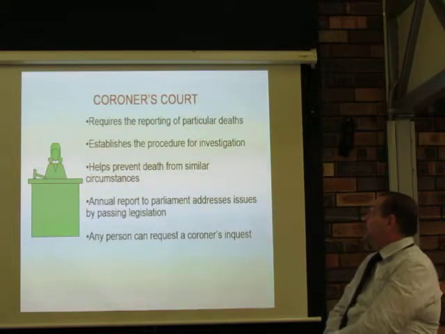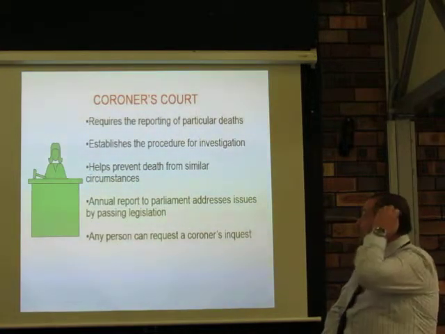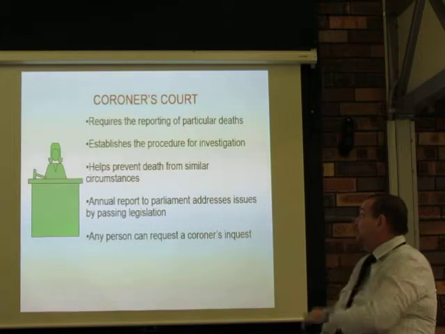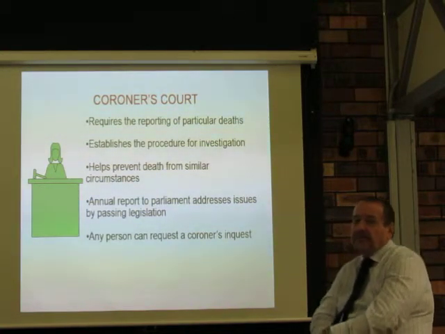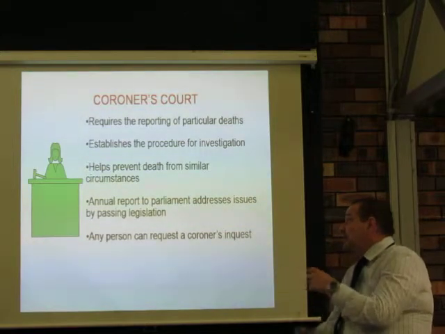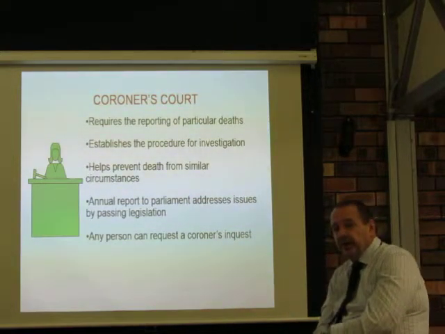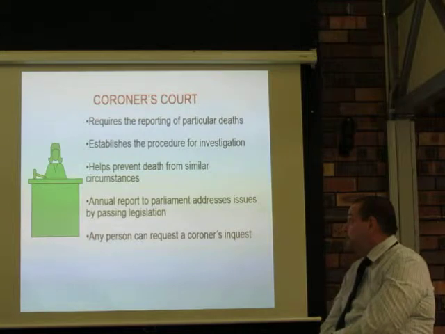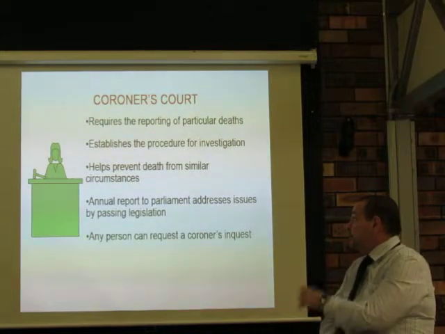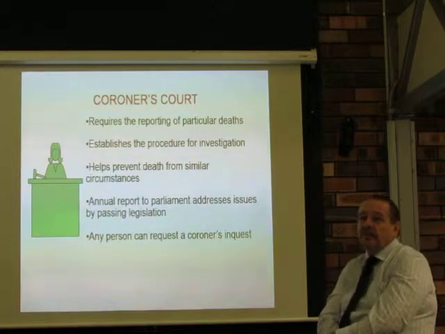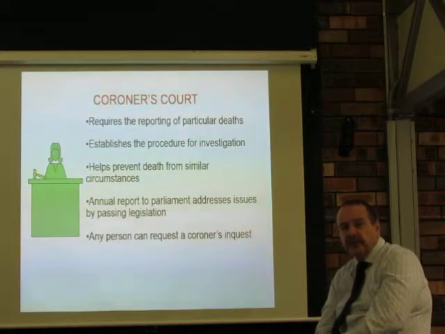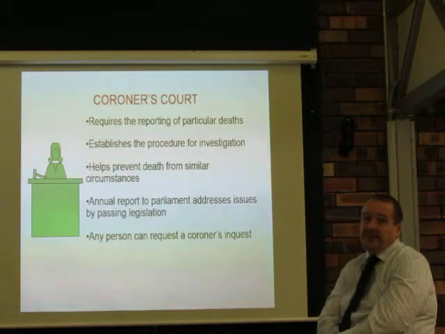Requires the reporting of a particular death. So it establishes a procedure for investigation of deaths. And we'll talk about that shortly, about the type of deaths that they need to investigate. Helps prevent death from similar circumstances. So the coroner can make recommendations about how to stop a death happening this way again.